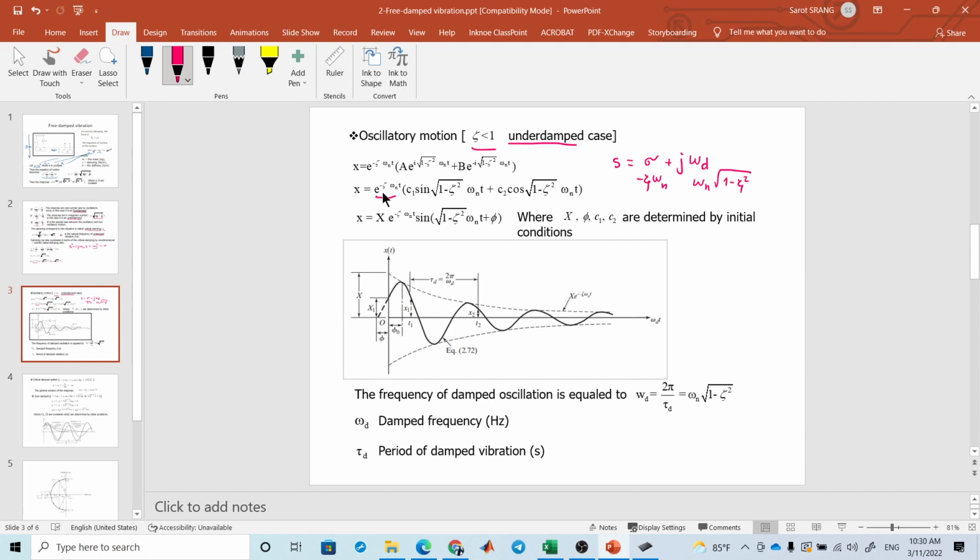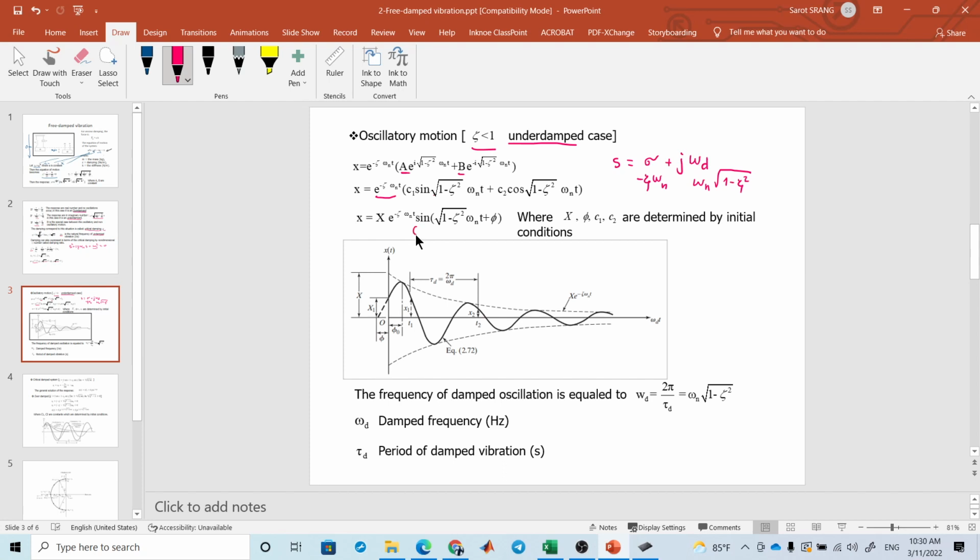So here is the exponential of sigma t, and here the complex term with complex conjugates a and b. Finally you only have a real function, sine and cosine, and you can write the general equation like this.